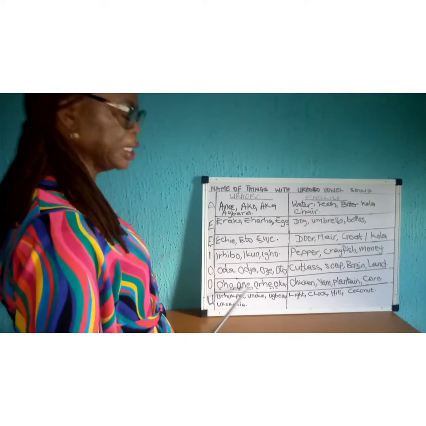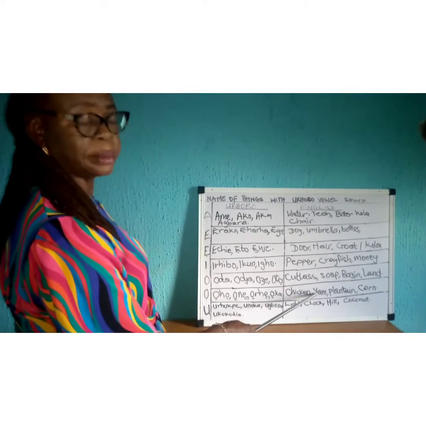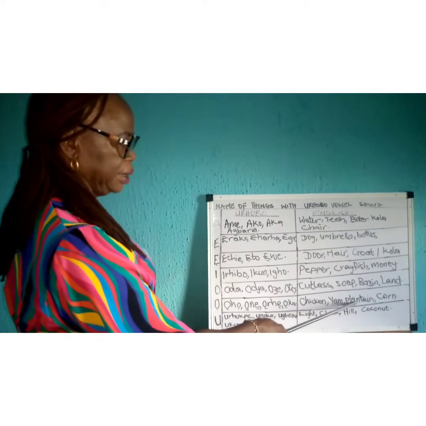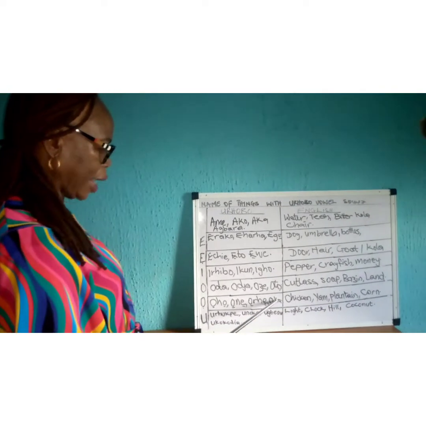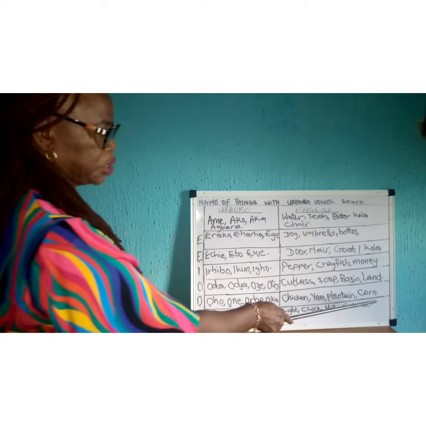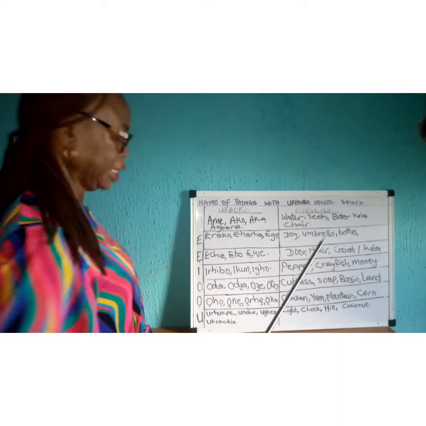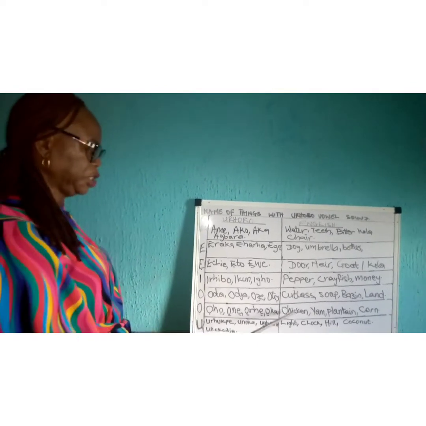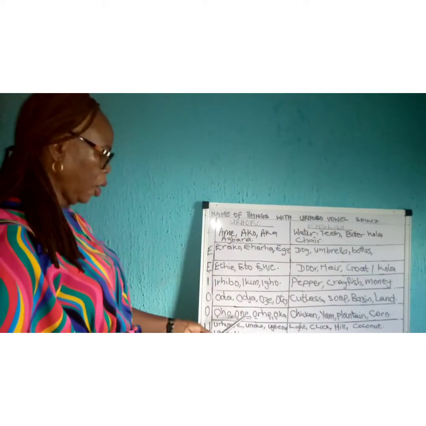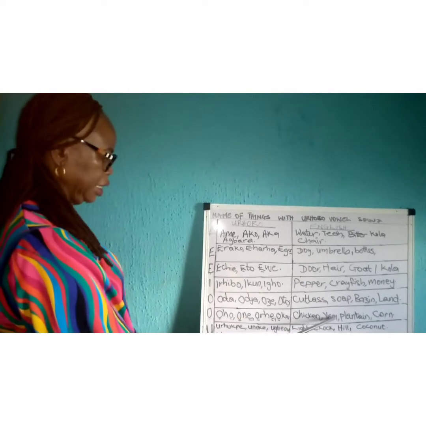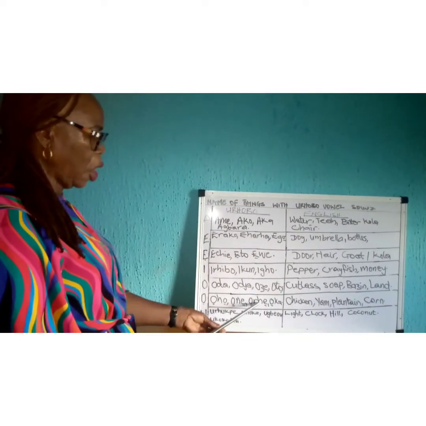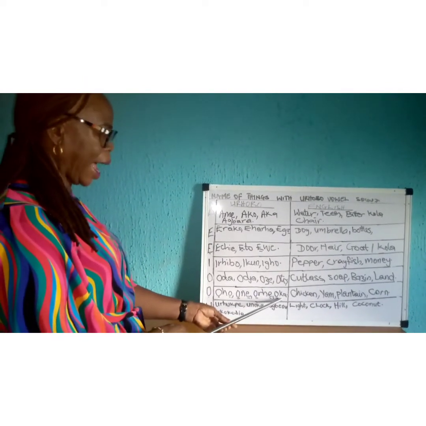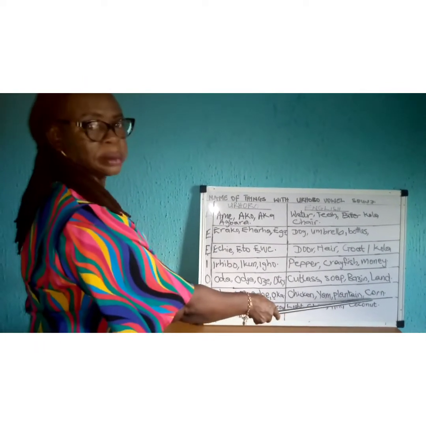One in English language is yam. Ore in English is plantain. Oka in English language is corn. I take it again. Oho is chicken. One is yam. Ore is plantain. Oka is corn.